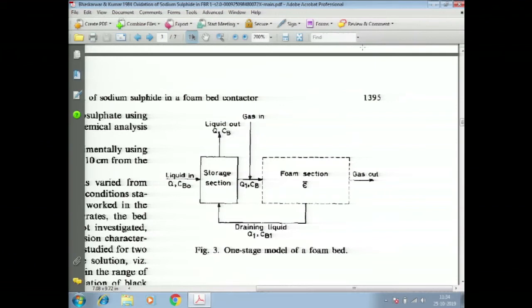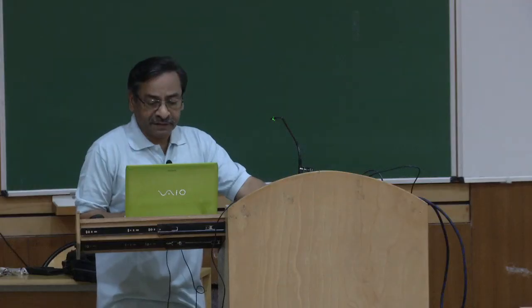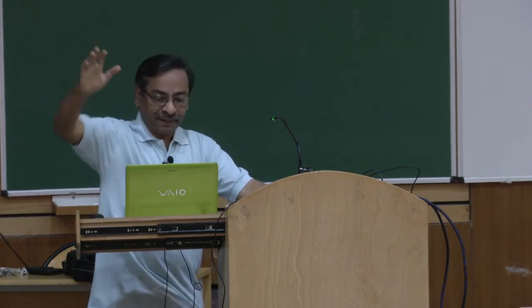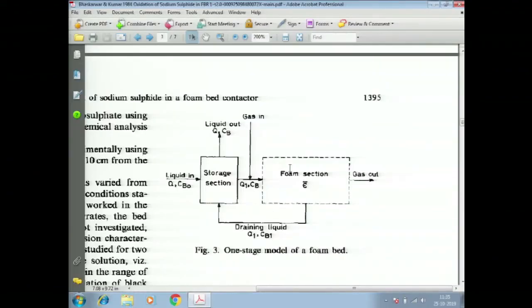Suppose we can make that assumption, then we can split our reactor into this storage section, which is predominantly liquid, and the foam section, which is predominantly gas. So, the actual foam column can be represented by these two boxes, the storage section where liquid is and the foam section where foam is.